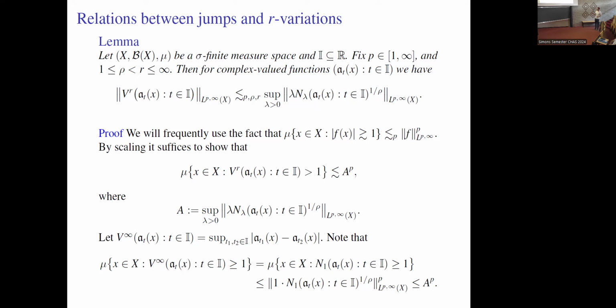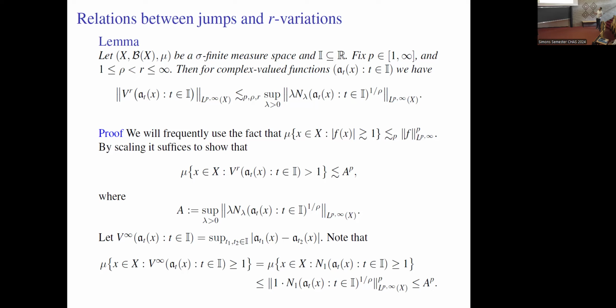If V infinity is greater than one, it means that we have at least one jump of height one. And this is exactly what this inequality does, because it tells us what height and how many times.